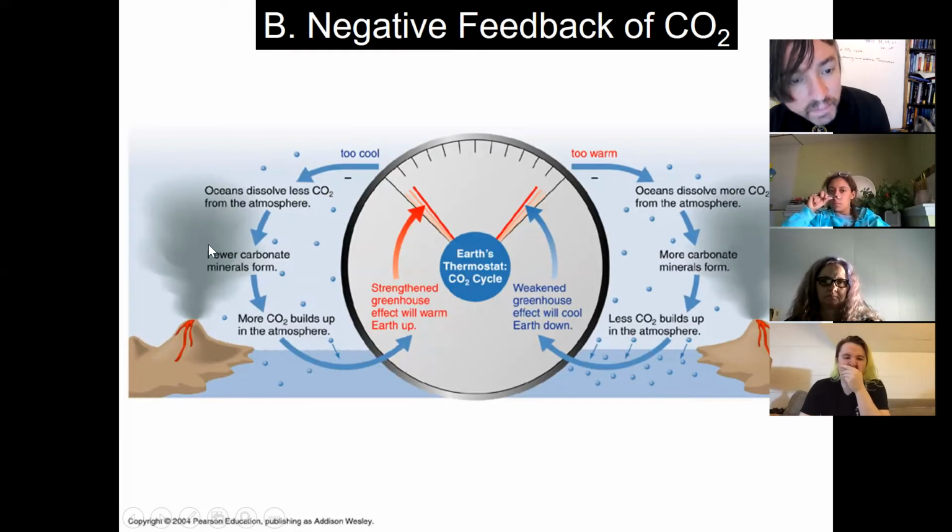But you're going to keep pumping out CO2 from volcanoes, even as less CO2 is dissolved into the oceans, forming carbonate rock. The buildup in extra CO2 will actually increase the greenhouse effect and bring temperatures back into equilibrium.